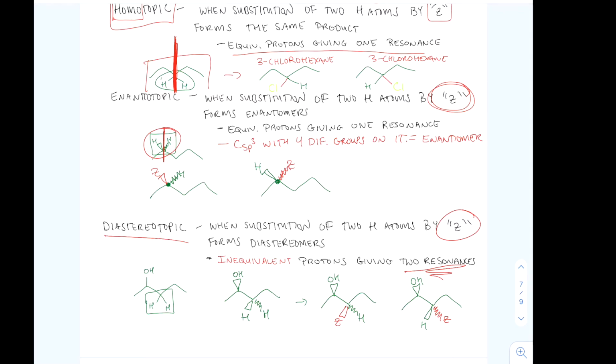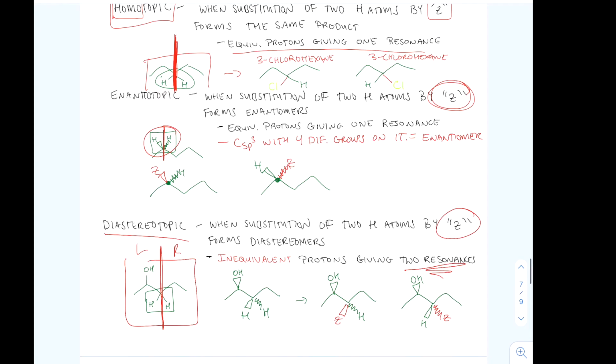If we do that in this compound right here, let's say we slice down the middle. Now it's very different on the left as it is on the right, right? So the left and the right have, one has an OH on it, the other doesn't. So they're different. So far there is no plane of symmetry about that CH2 bond. Now what we want to do is look further. So what we want to do is see if there's another carbon in there that has 4 different groups on it.